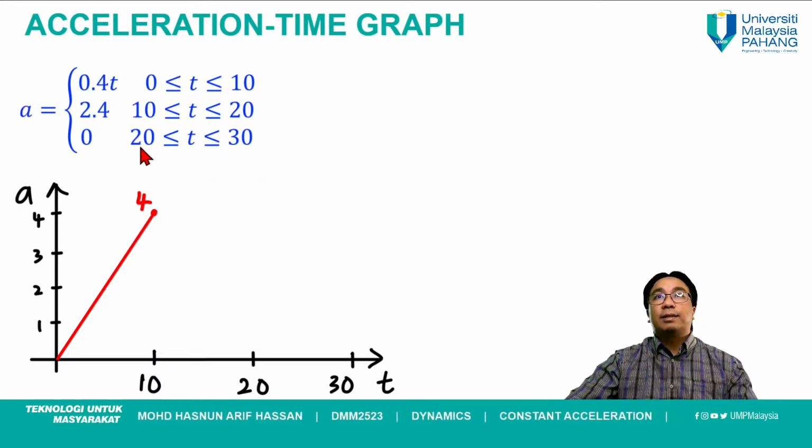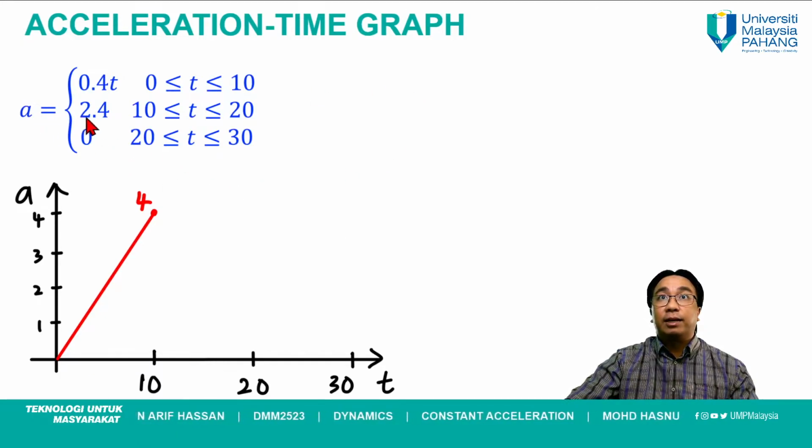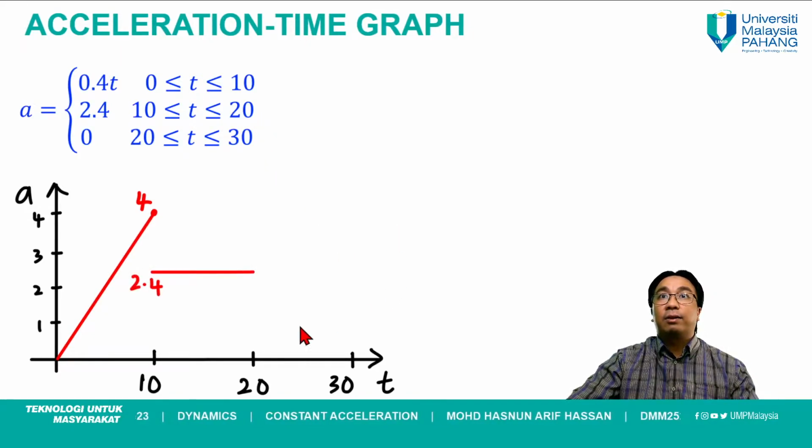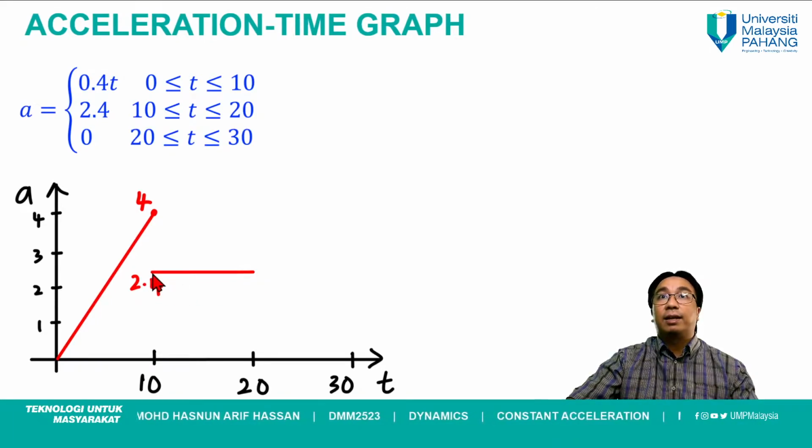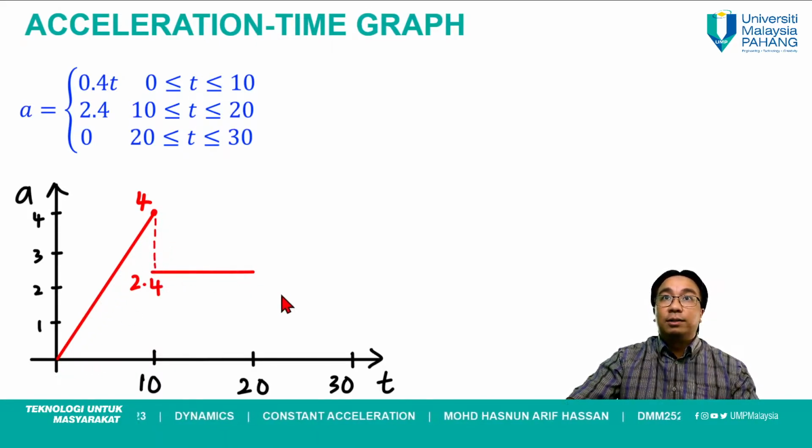Good. This is the equation. A equals to 2.4 from 10 until 20. So you will have a straight line at 2.4 lah. See, this is approximately 2.4 lah saya punya garisan ni, okay? So you will have a straight line from 10 to 20. So you can draw a connecting line lah between the first phase to the second phase.